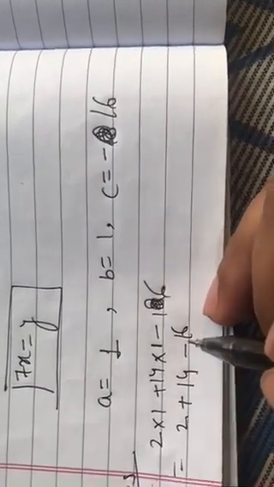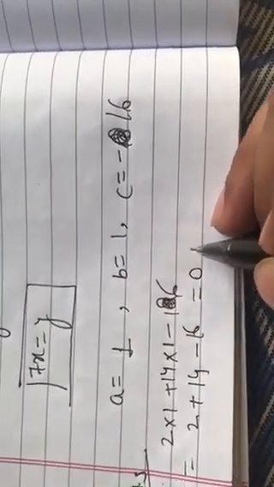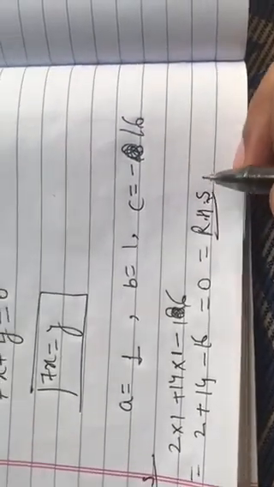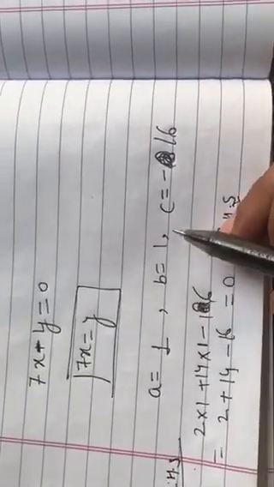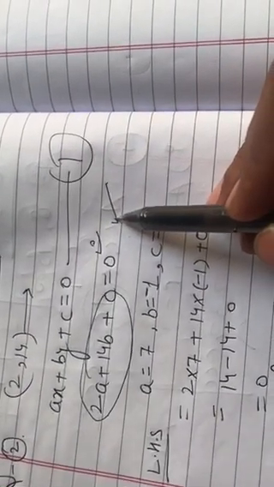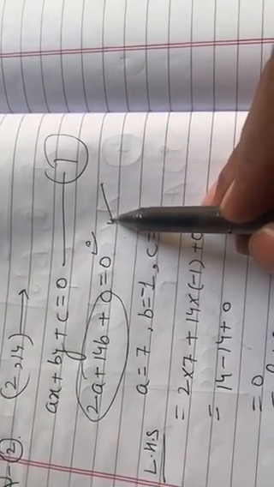16 minus 16 is 0. That means this equals the right hand side. Therefore the values of a, b and c satisfy this equation. Now substitute these values in the general equation.